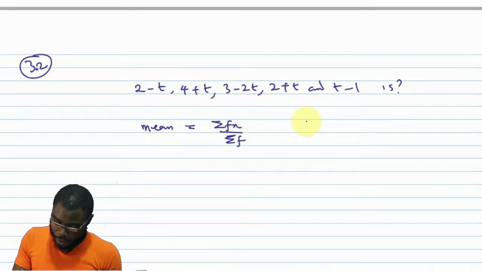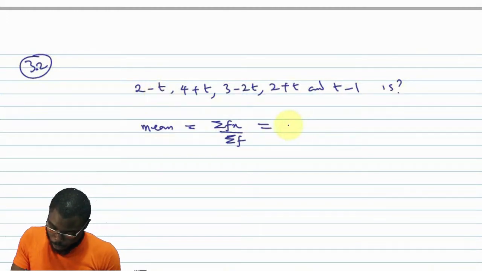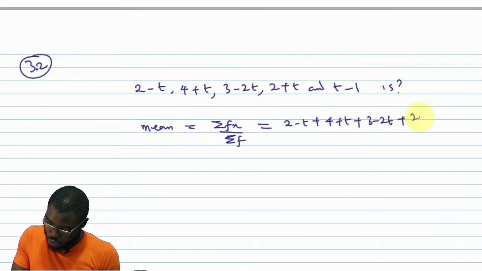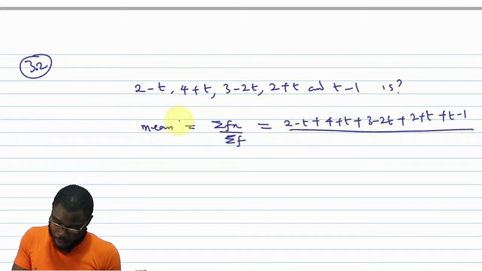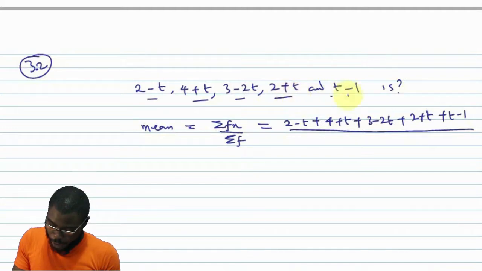So here, let's sum it up. We have 2 minus t plus 4 plus t plus 3 minus 2t plus 2 plus t plus t minus 1, all over how many of them are there? 1, 2, 3, 4, 5. 5 of them, so over 5.